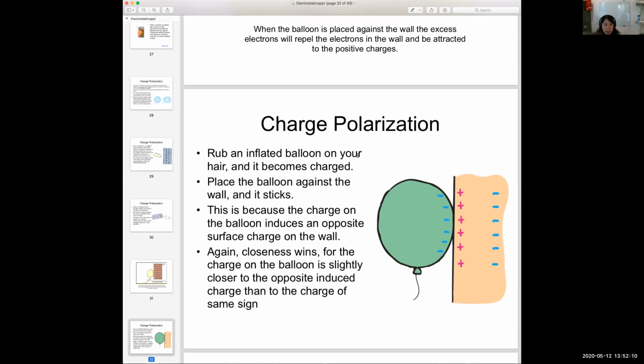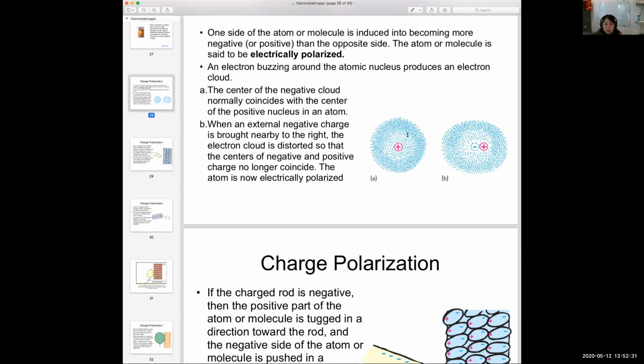Let's imagine that molecules are spherical, electrically and geometrically symmetrical. But some molecules, by nature, are a little polarized.